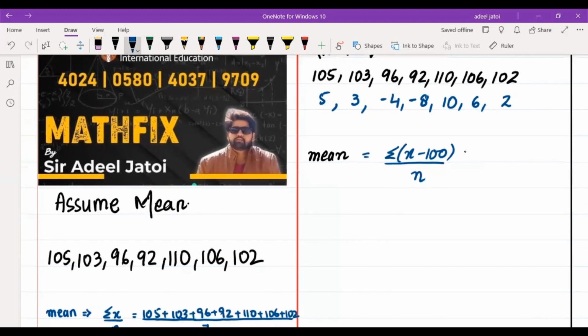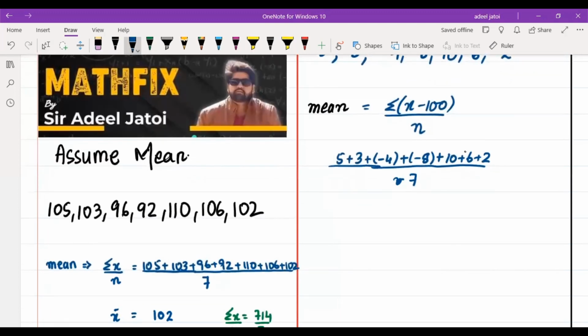So we can say 5 plus 3 plus -4 plus -8 plus 10 plus 6 plus 2, upon 7. The numerator is the sum of x minus 100.